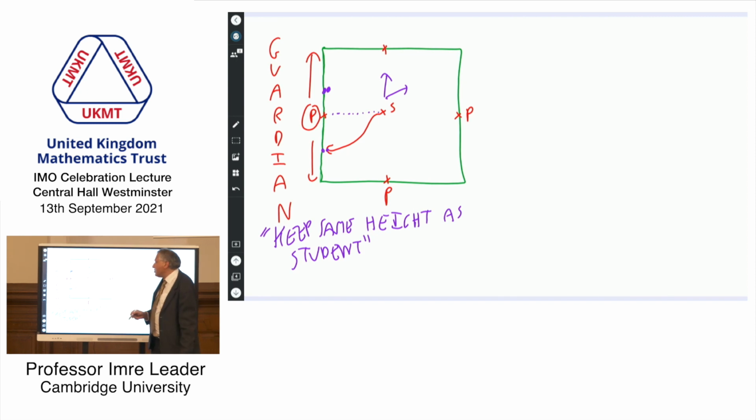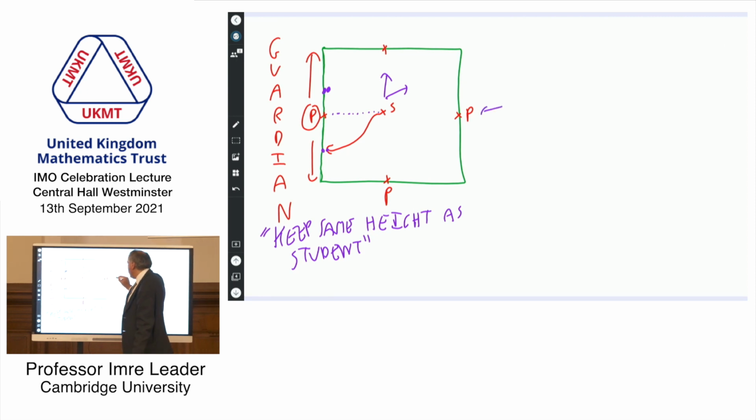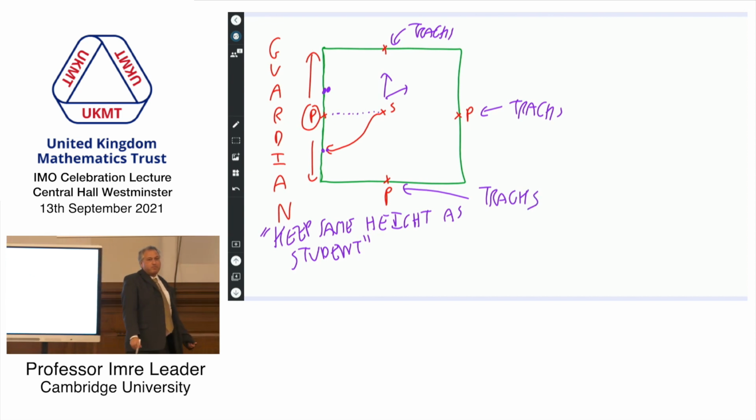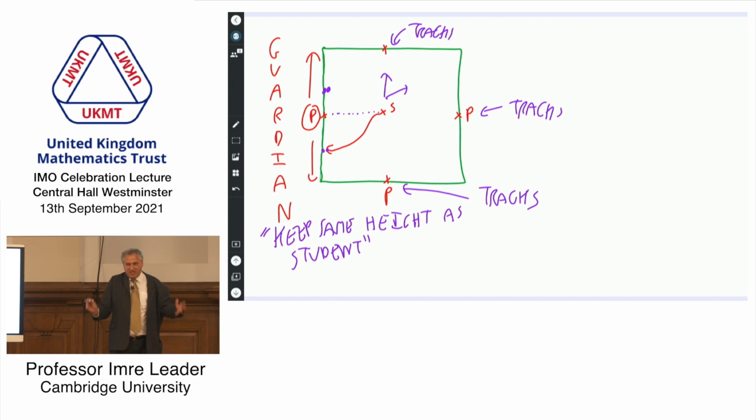Aha, great. So this porter also tracks, but on the right. This porter tracks on top. And this porter tracks on the bottom. We're done. Does that make sense to everyone? And that's a proper proof.